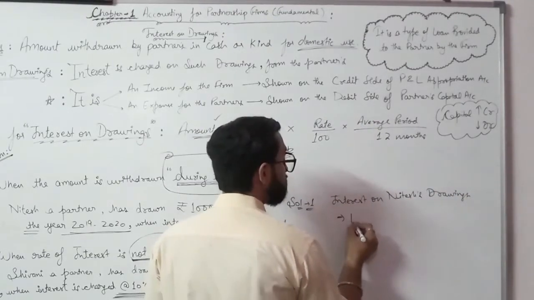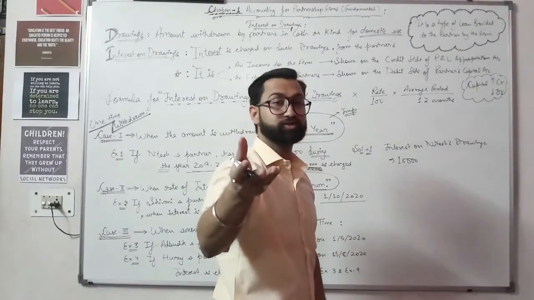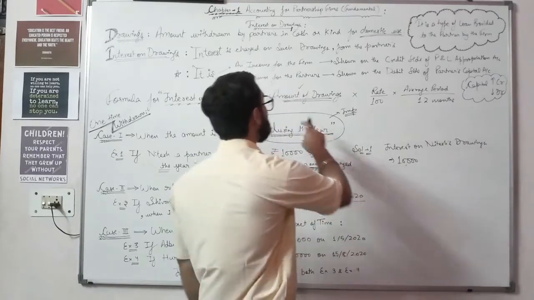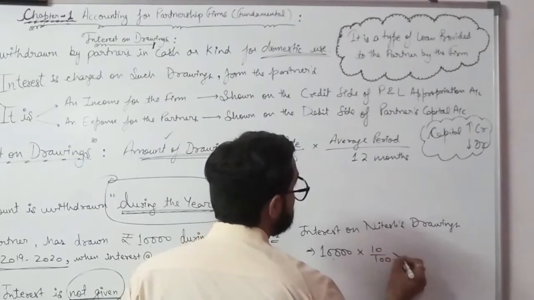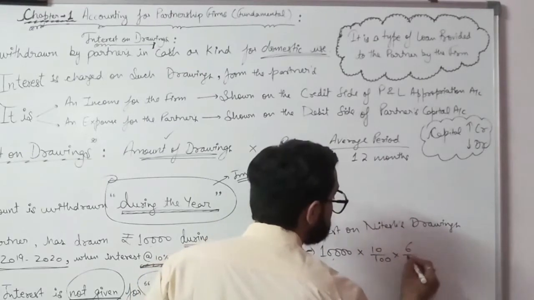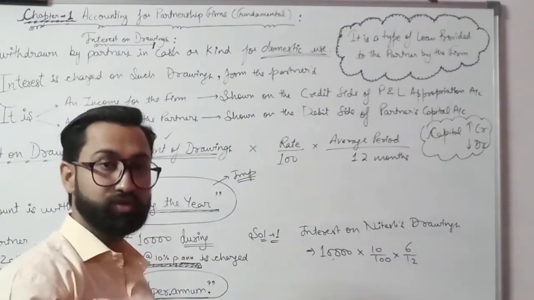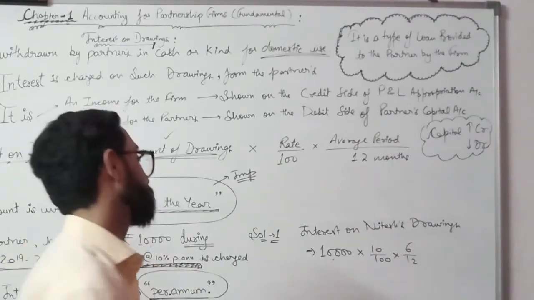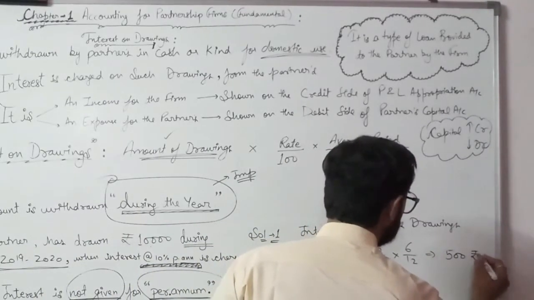In a question of 3 marks, there will be half or 1 mark for quoting the formula. The formula is amount of drawings into rate, 10% per annum, and the average period will be 6 months, because we give the benefit of doubt to the partner as we don't know when the partner has made drawings. Therefore, the answer will be 500 rupees.